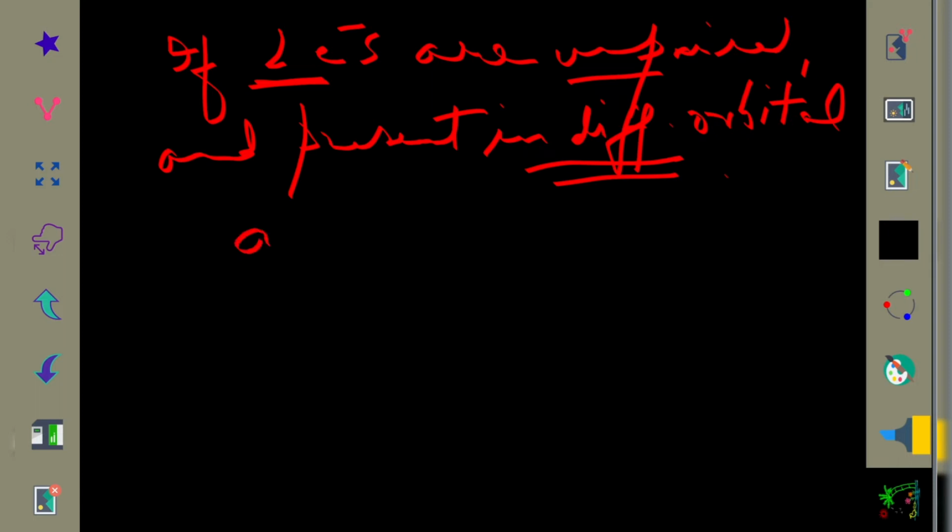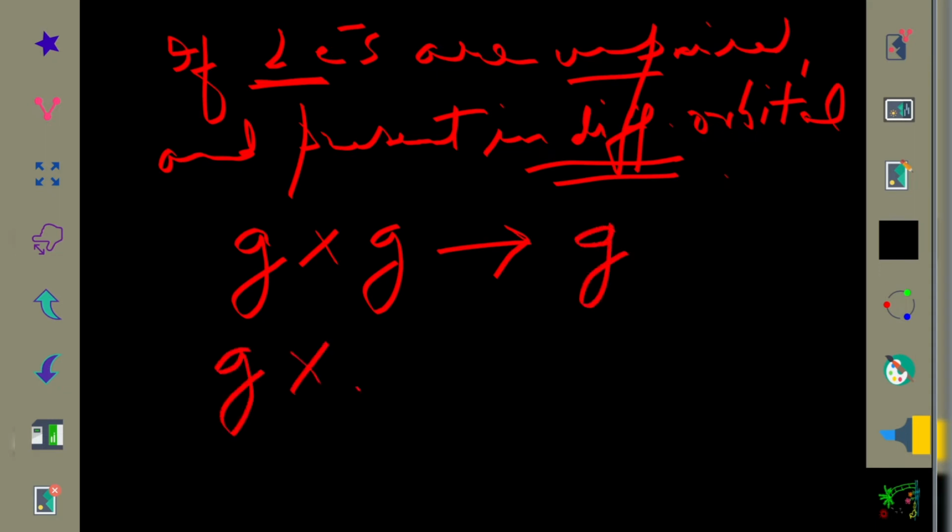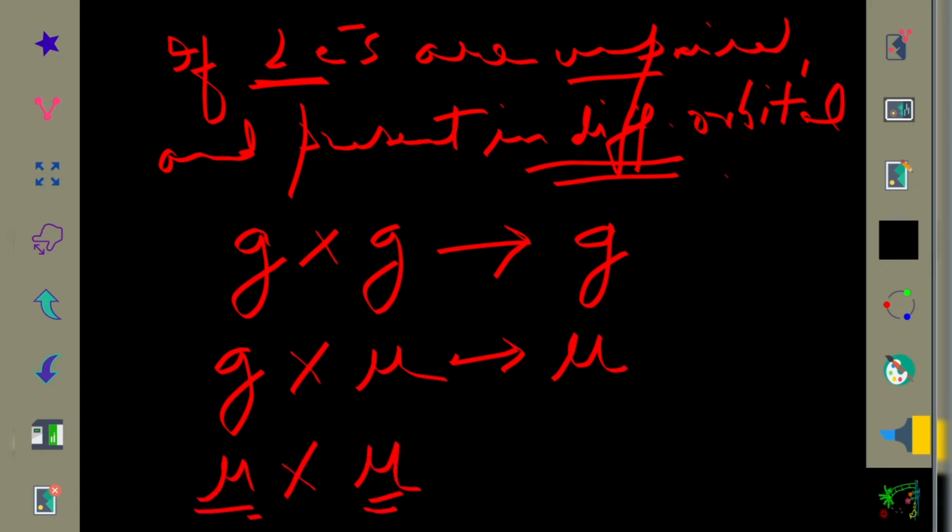If one electron is present in an orbital which is gerade and the other one is also gerade, then the resultant will be gerade. If one is gerade and the other one is ungerade, in that case it will be ungerade. And if both orbitals where the electrons are present are ungerade, that is antisymmetric, in that case the multiplication of these two will give you a symmetric result, right?